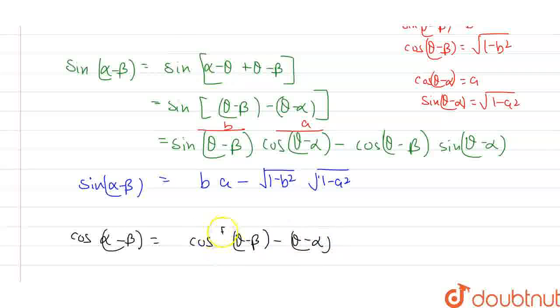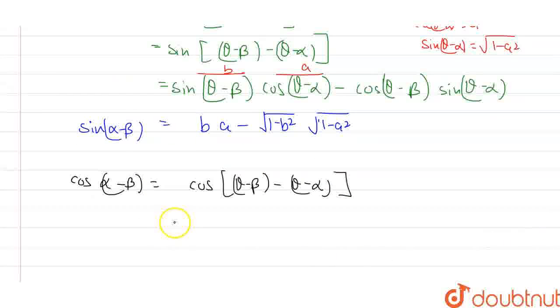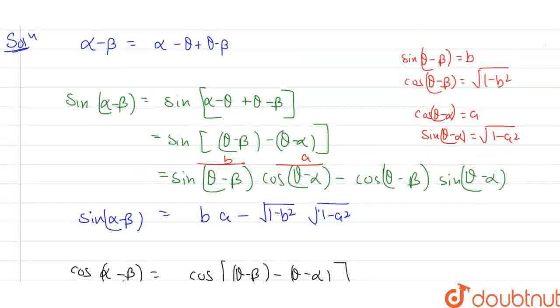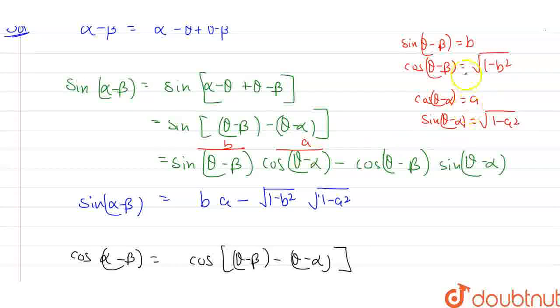Expanding this using the formula cos A cos B plus sin A sin B, this becomes cos(theta minus beta) cos(theta minus alpha) plus sine(theta minus beta) sine(theta minus alpha). Now, from the above equations, where we made the assumption that this is B and this is A, I will get the values of under root of 1 minus B square, A, and this one.